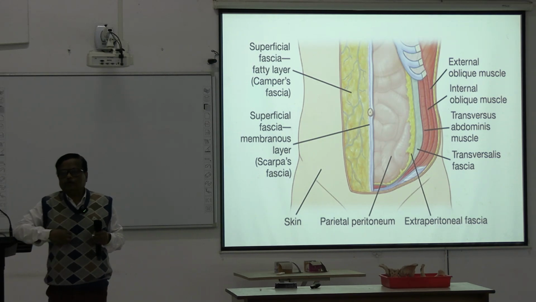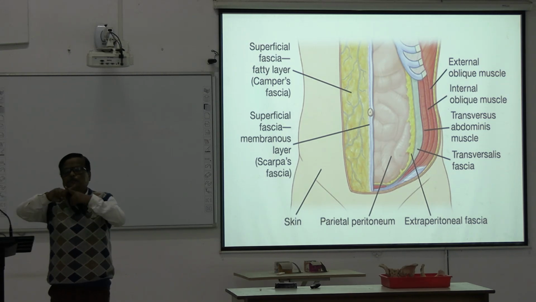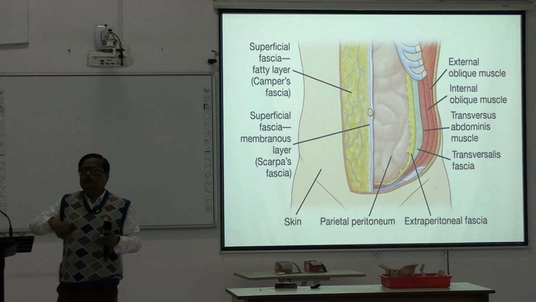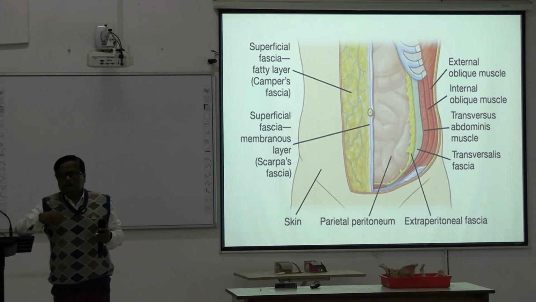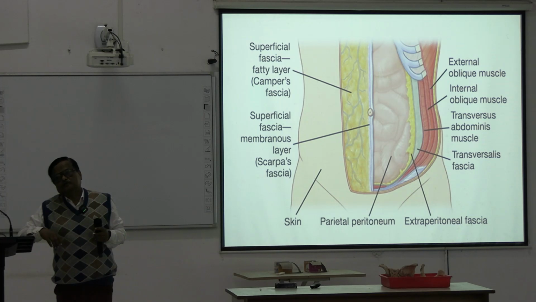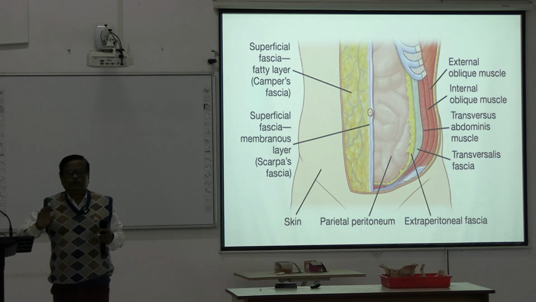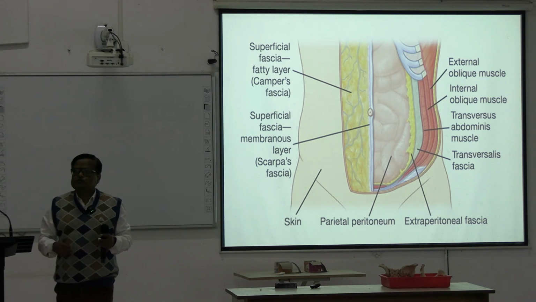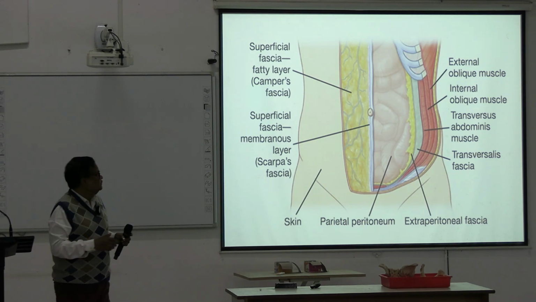And all these aponeuroses, external oblique, internal oblique and transversus abdominis, join in the midline, interlace, crisscross with each other to form the linea alba. So linea alba is nothing but the aponeurotic mixing of the fibers of the three flat muscles. It extends from the xiphoid process to the symphysis pubis, right?